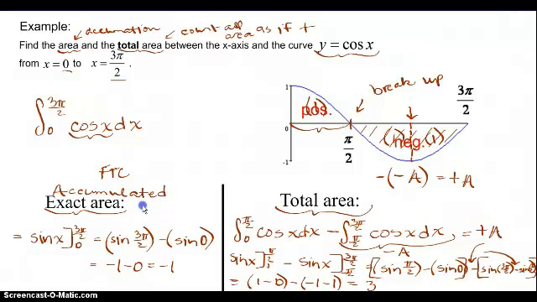Now, in the context of position, velocity, acceleration, the exact or accumulated area would be displacement. So this is how far away we are from where we started. In displacement, if we started at 0 and we went in the positive direction, right, we have positive area, so we're going in the positive direction till we get to pi over 2, and then we reverse our direction because negative area under the velocity says that we are going to the left.